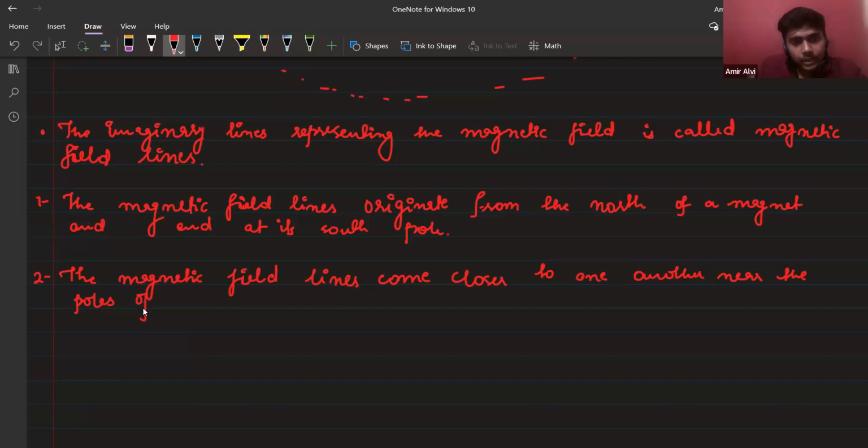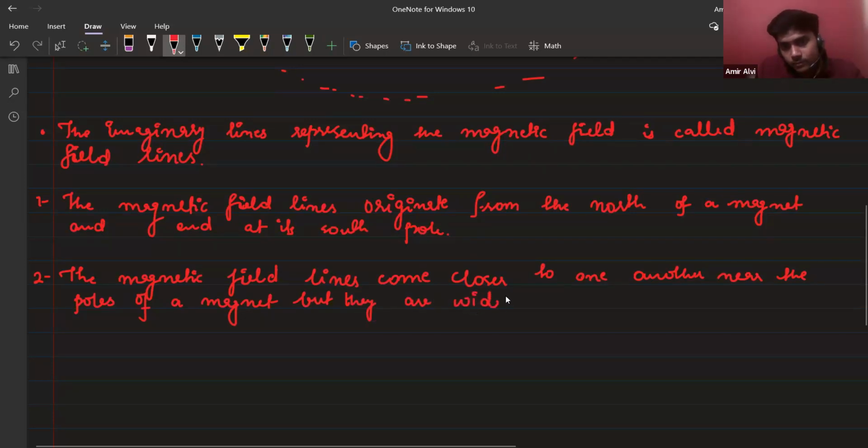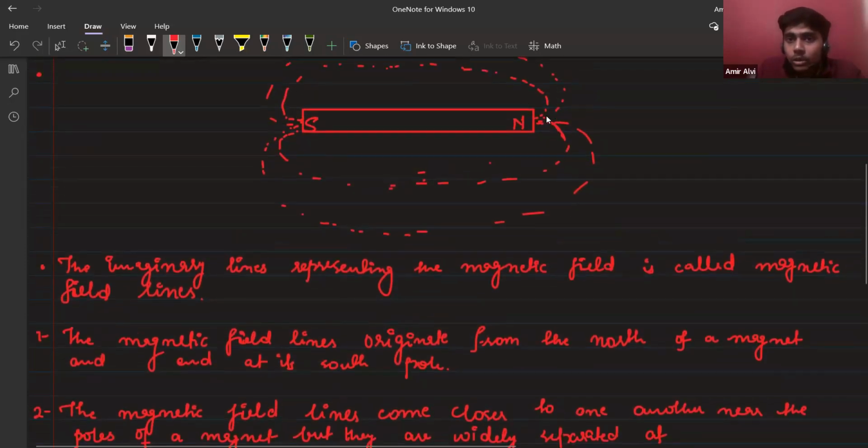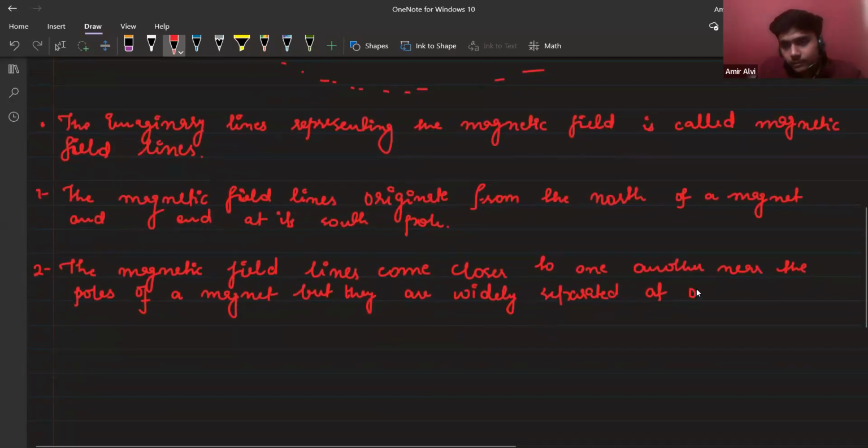Near the poles of a magnet the lines are crowded, but they are widely separated at other places. You can see near the pole they are very crowded, but as they go far away they are less crowded. Clear? Yes, sir.